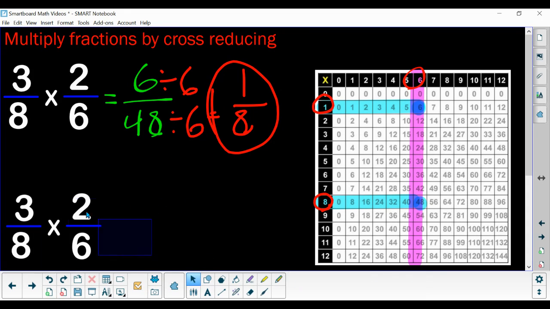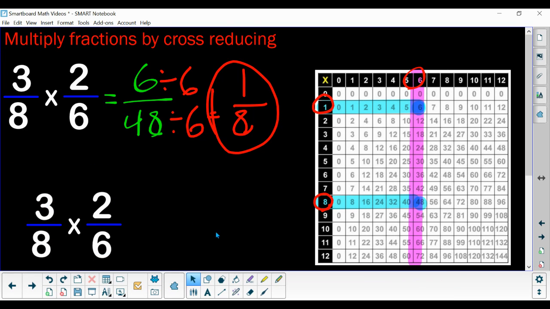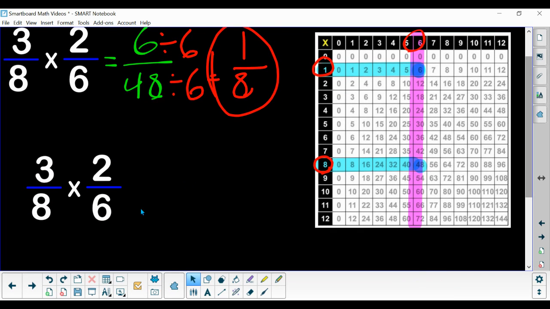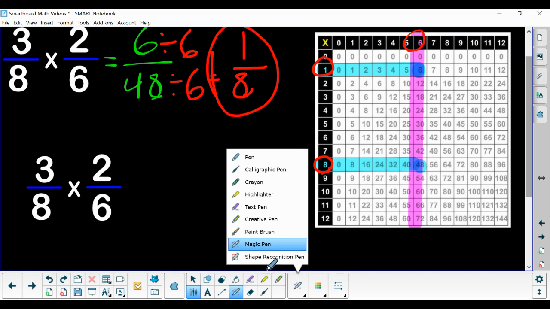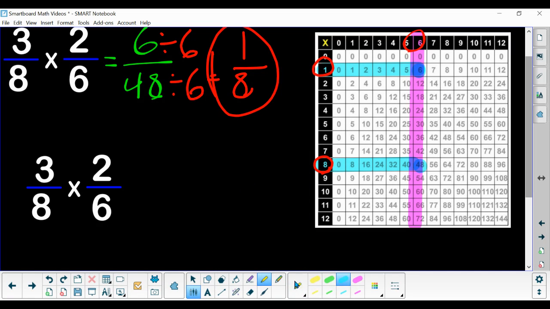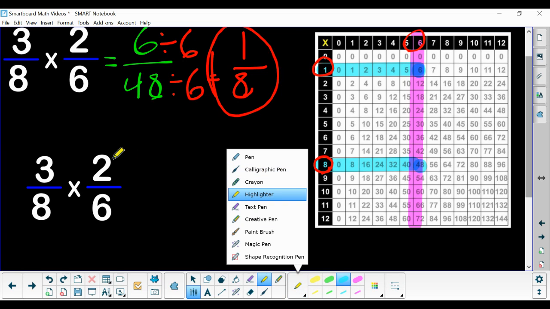Let's try to get the same answer, but this time we're going to do a different strategy. We're going to be using cross-reducing. The key to cross-reducing is to see if there's a certain number I can divide my numerator and my denominator across. We call that diagonally.